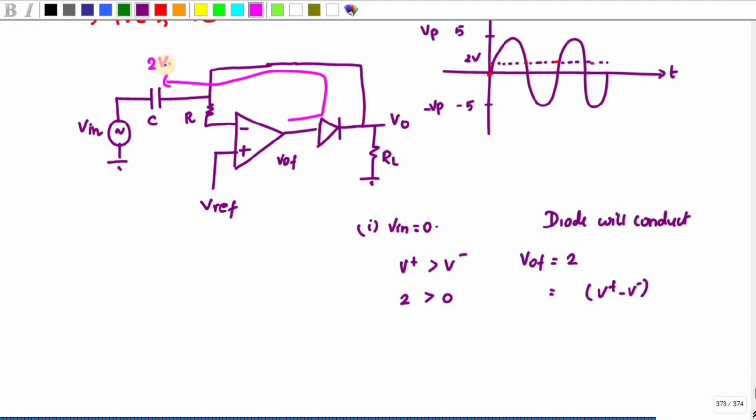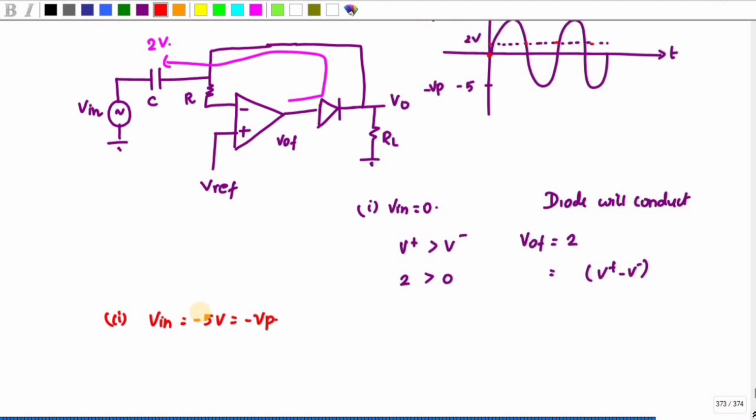The next condition is V in equal to minus 5 volt, that is nothing but minus Vp. So what is V plus?